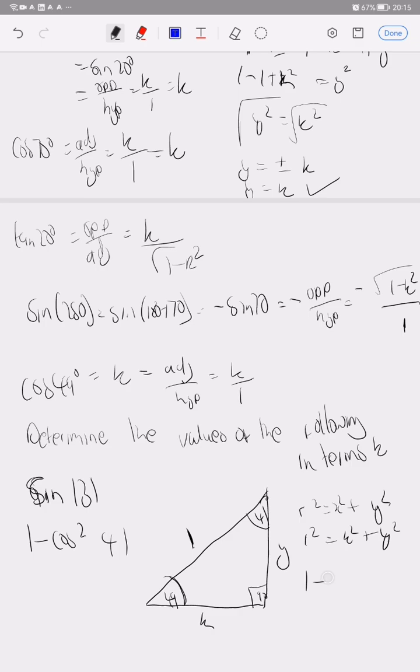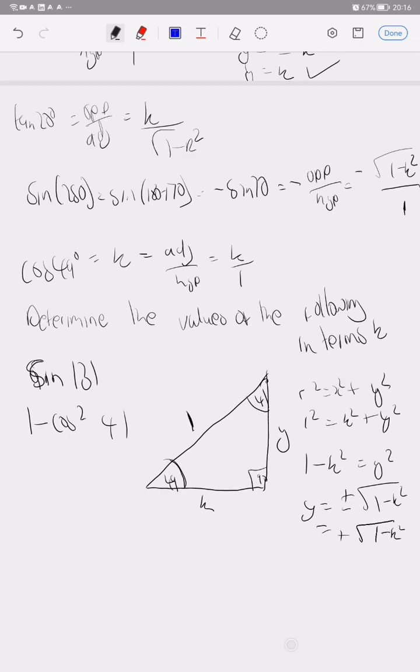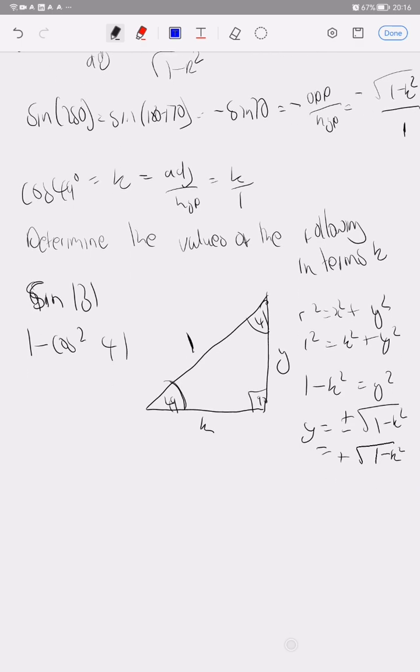So 1 minus k squared is equal to y squared. Y is equal to plus minus the square root of 1 minus k squared. Remember, we are always taking a positive answer here. So it's going to be the square root of 1 minus k squared.